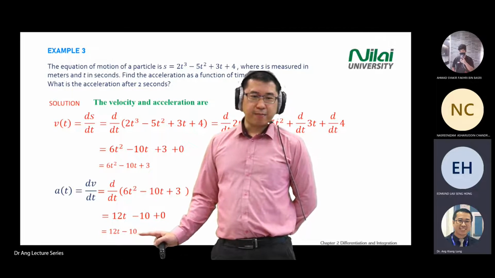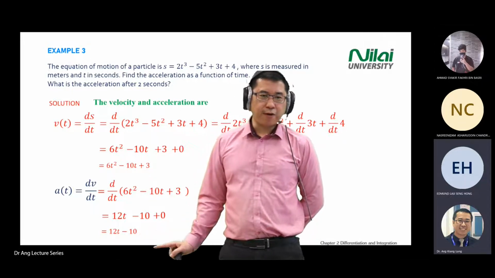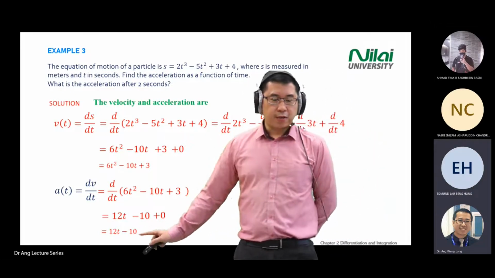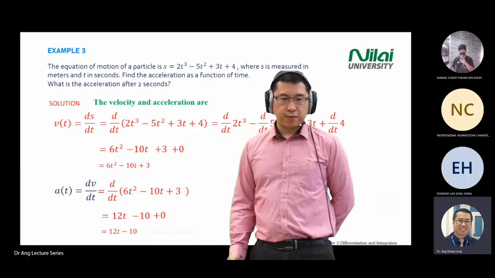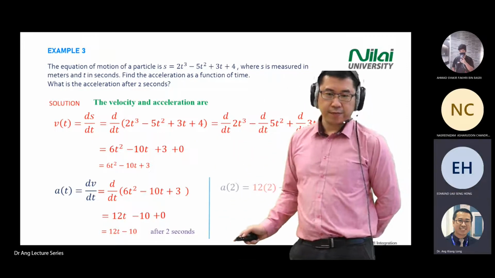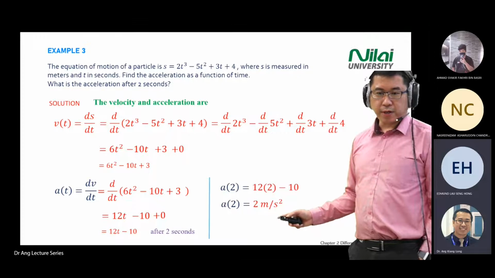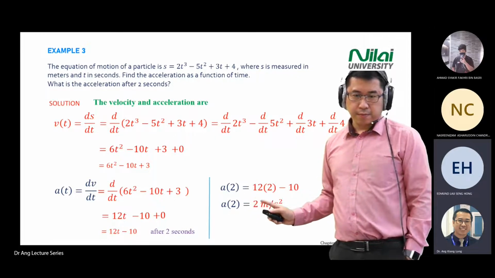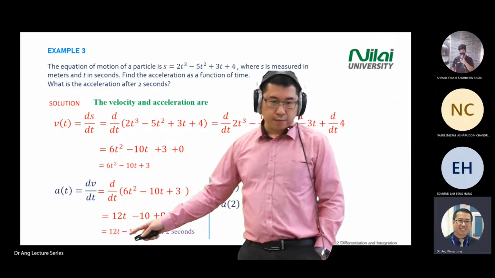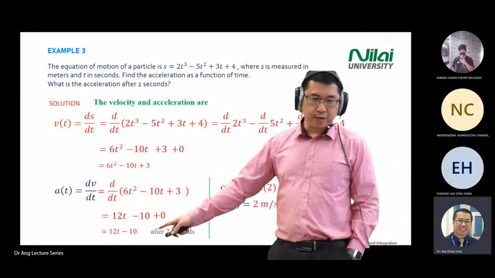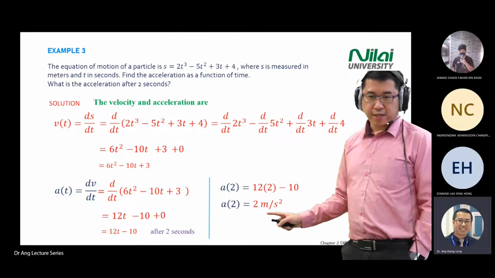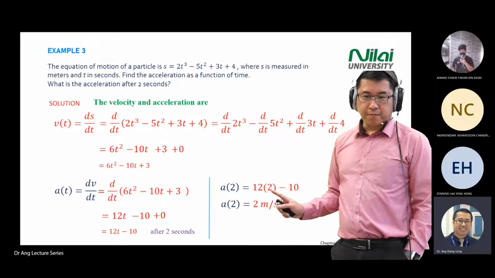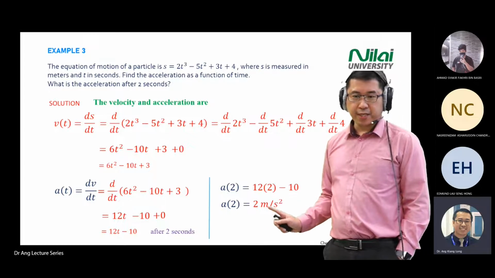What number do you get? 1 4. 1 4 is 14, not 40. So again, you are minus there. It's not 40. It's 2 seconds. So this one, 12 multiply 2, 24 minus 10, you get 14.